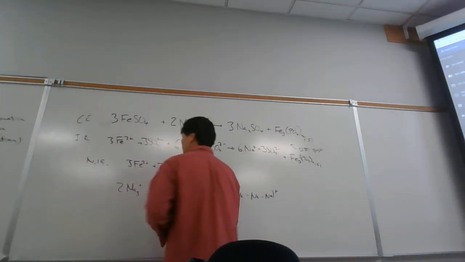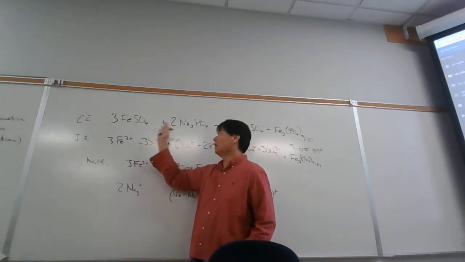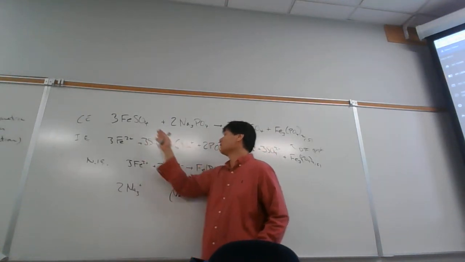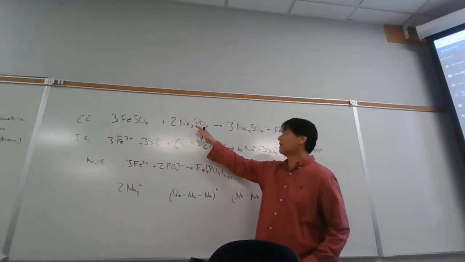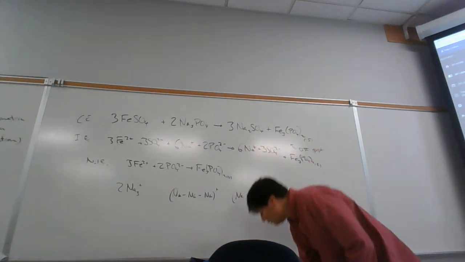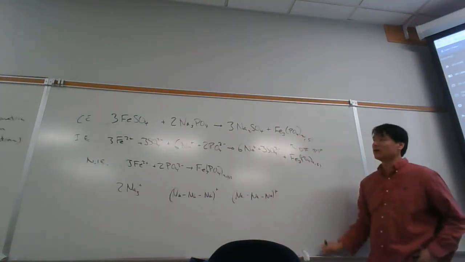So let's say our goal in this particular reaction is to get all the iron out. If we want to get all the iron out as a precipitate here, or we want to get all the phosphate out as a precipitate here, that would involve two different strategies.